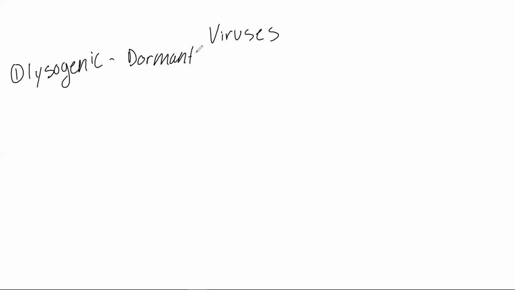You tend to have this over a long period of time. Your symptoms don't show until later, all sorts of stuff, right? But once the lysogenic type virus enters its kill stage or replication stage, it will do the lytic cycle.